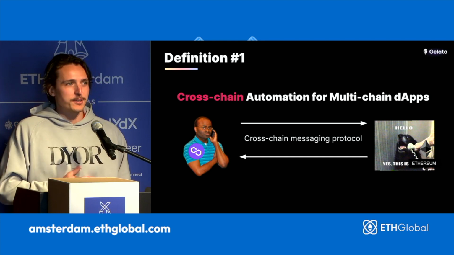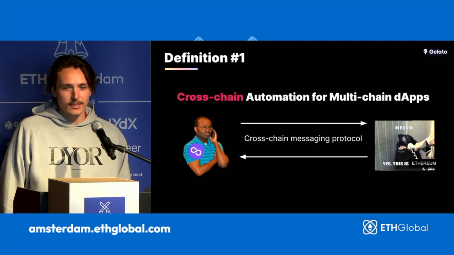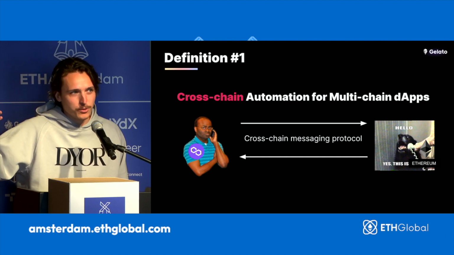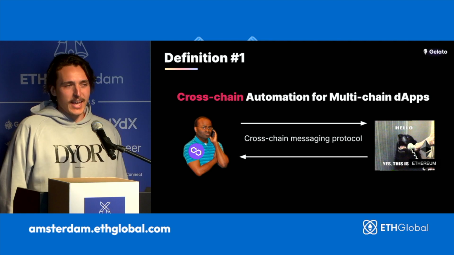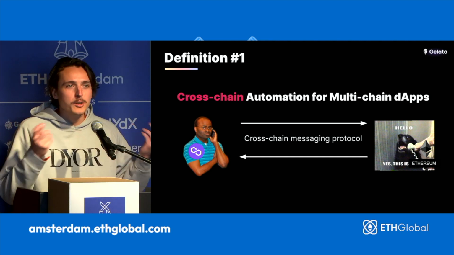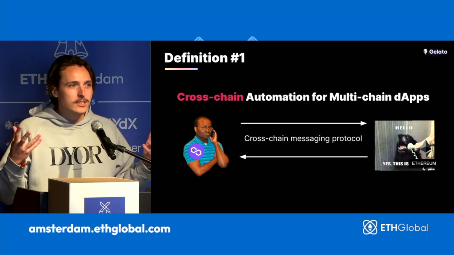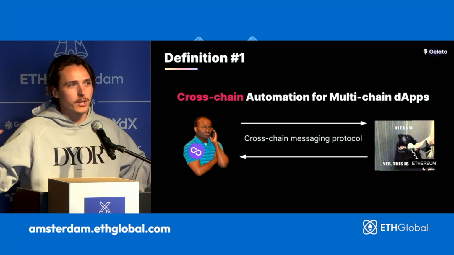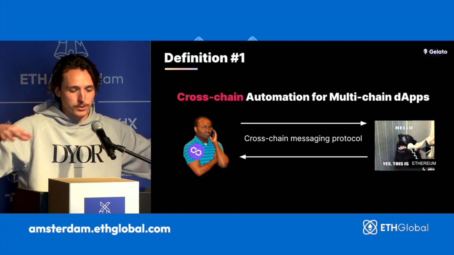Let's say you are building an application that stores a balance of your users on Polygon and a balance of your users on Ethereum, and they should know about each other's balances. Normally this is not really possible, because Polygon and Ethereum can't communicate with each other directly as two different networks.